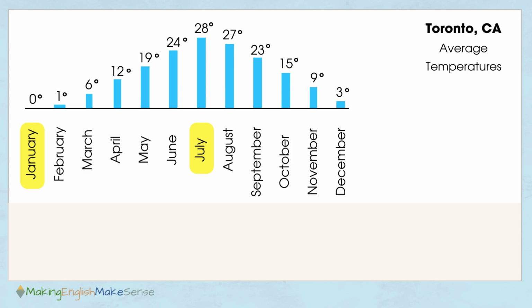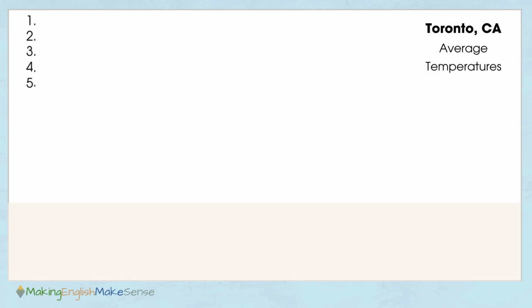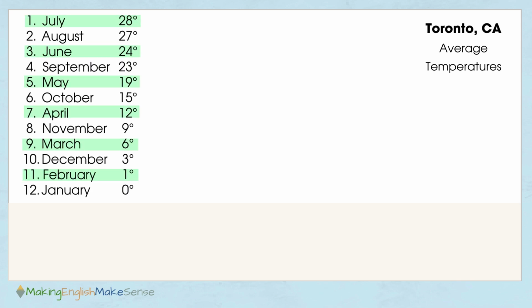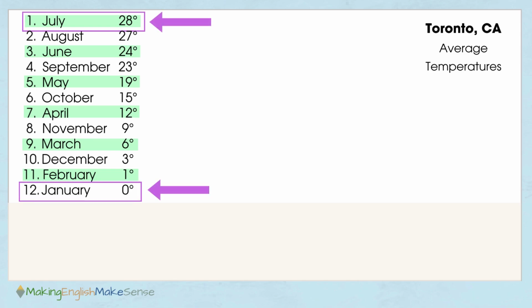But before we do that, let's organize the months in a different way. Superlatives are more about ranking than just showing differences. So let's list the months based on their average temperature. We're still using the same information, but now we're looking at it from a different perspective. This is what a superlative does. In this case, it helps us identify the months that are at the top or bottom of the scale.